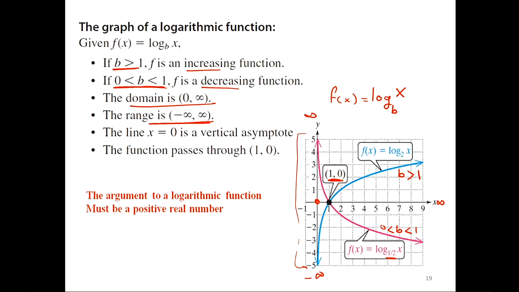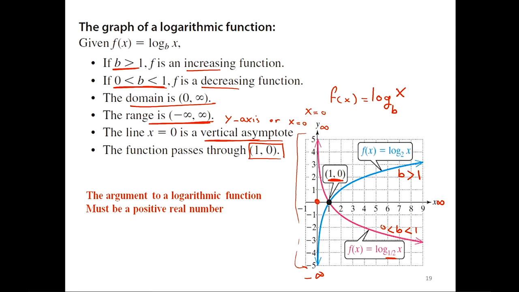The asymptote is x equals 0, the vertical line, or the y axis. This is the vertical asymptote. Each function, increasing or decreasing, passes through 1, 0.